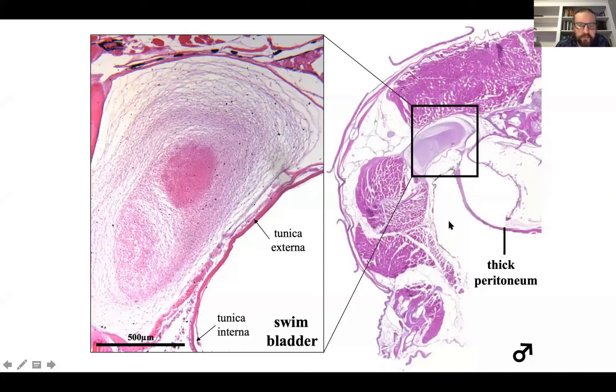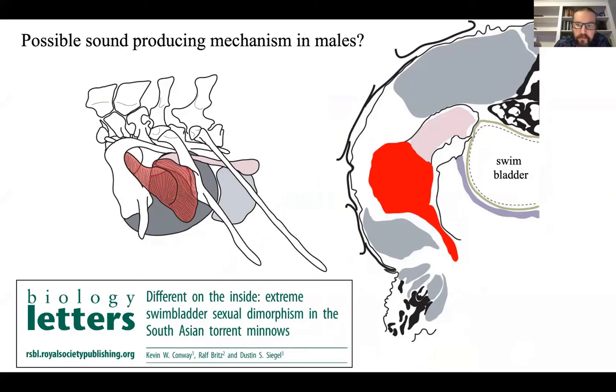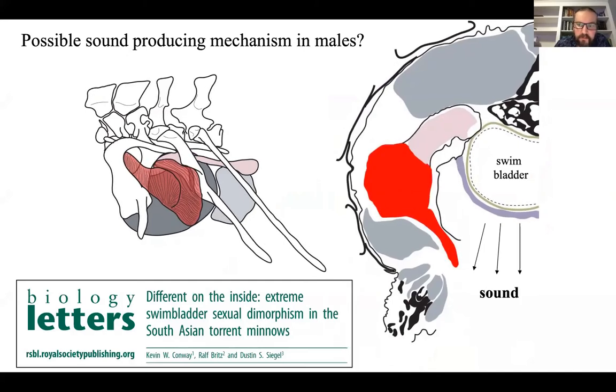So what does all this sexual dimorphism mean? Well, we really don't know, but we've made some inferences based on what we know about other fishes that have strange muscles associated with the swim bladder. And we think that what's going on here is that male Cyrenacus may be using this apparatus to make sound.